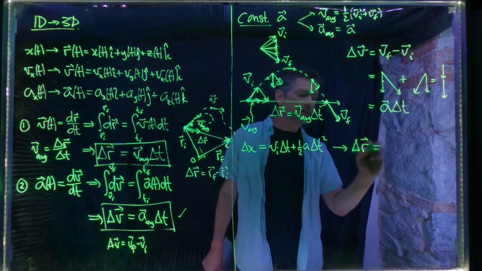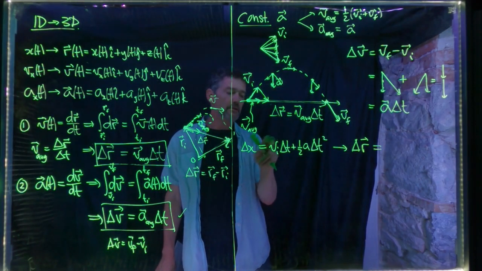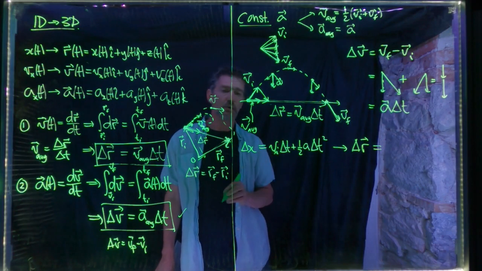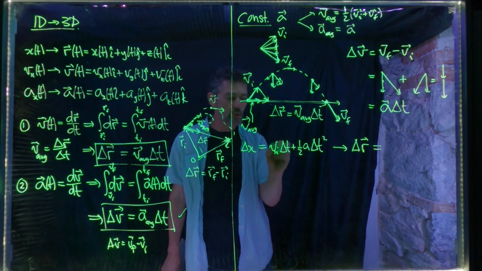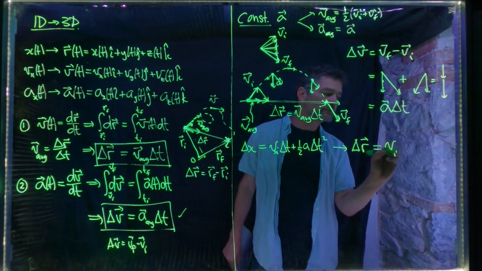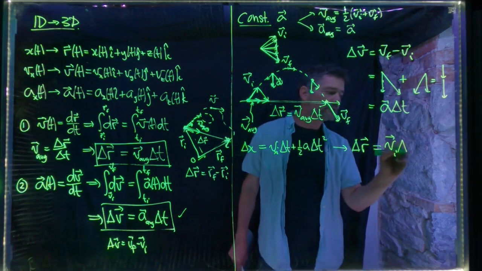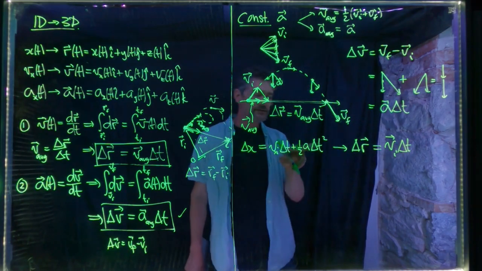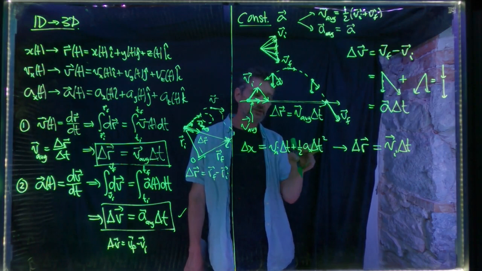So delta r is going to equal, we need a vector on the right-hand side. This is actually the x component of the initial velocity. If we include consideration now of the y and the z components, this x component of initial velocity will become the full three-dimensional initial velocity vector, having x, y, and z components, times delta t. And then the last one, similarly, this is the constant acceleration in the x direction.